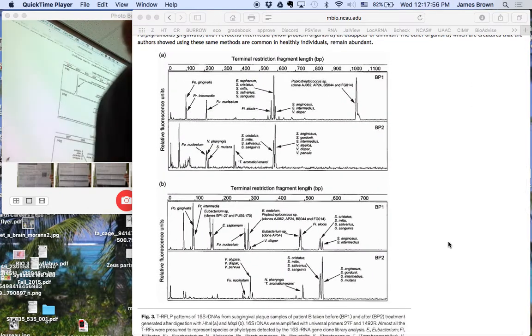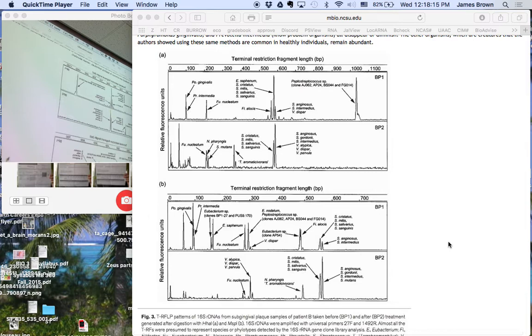So they do exactly the kind of analysis we talked about. They do 2 digests, one with HhaI and one with MspI, and then they deconvolute the patterns to identify the organisms represented by all those peaks. For the most part, they do a pretty good job.